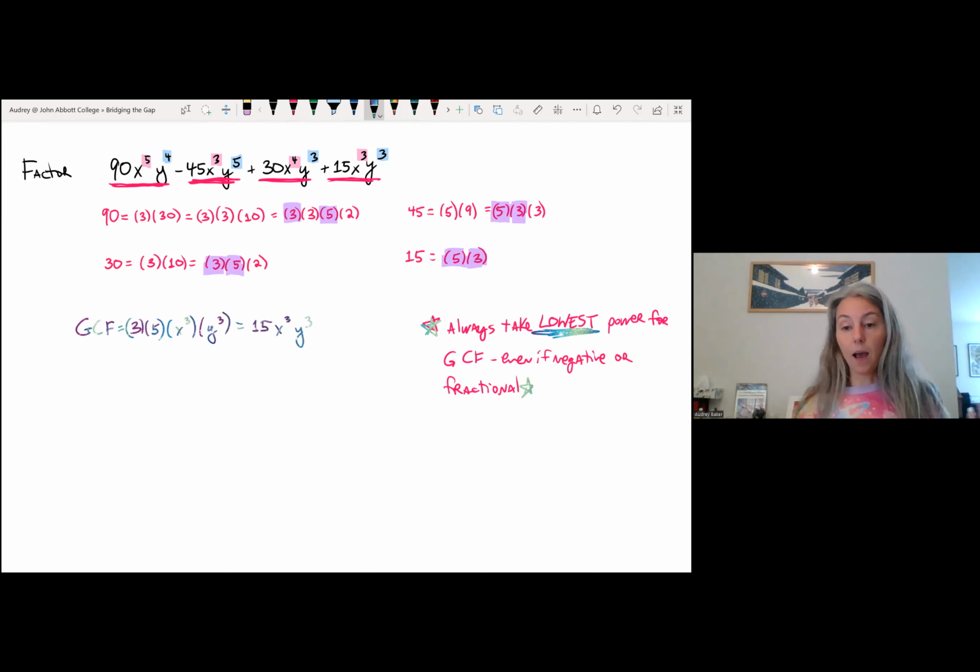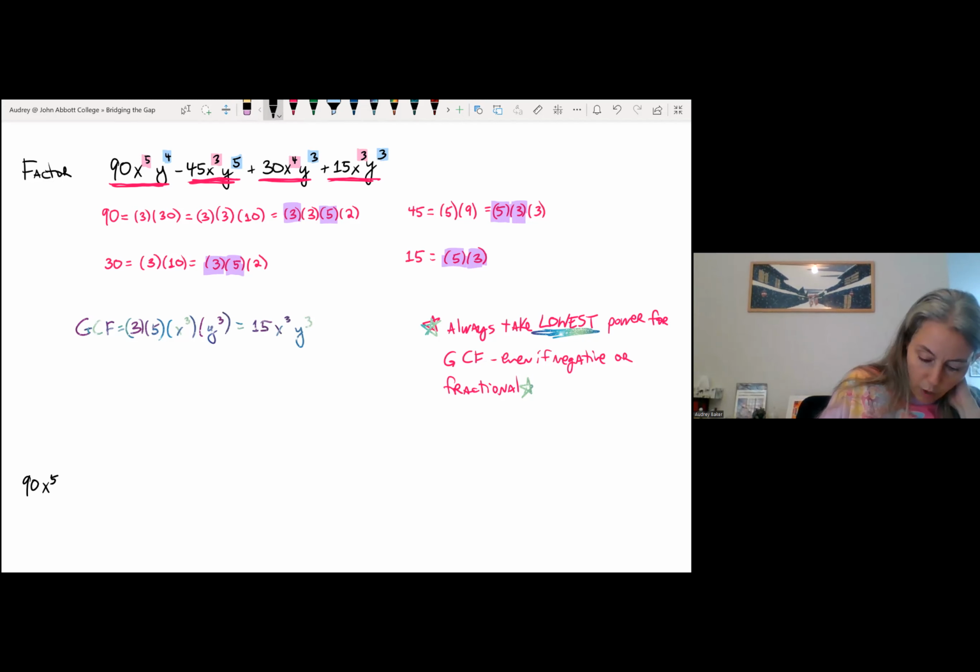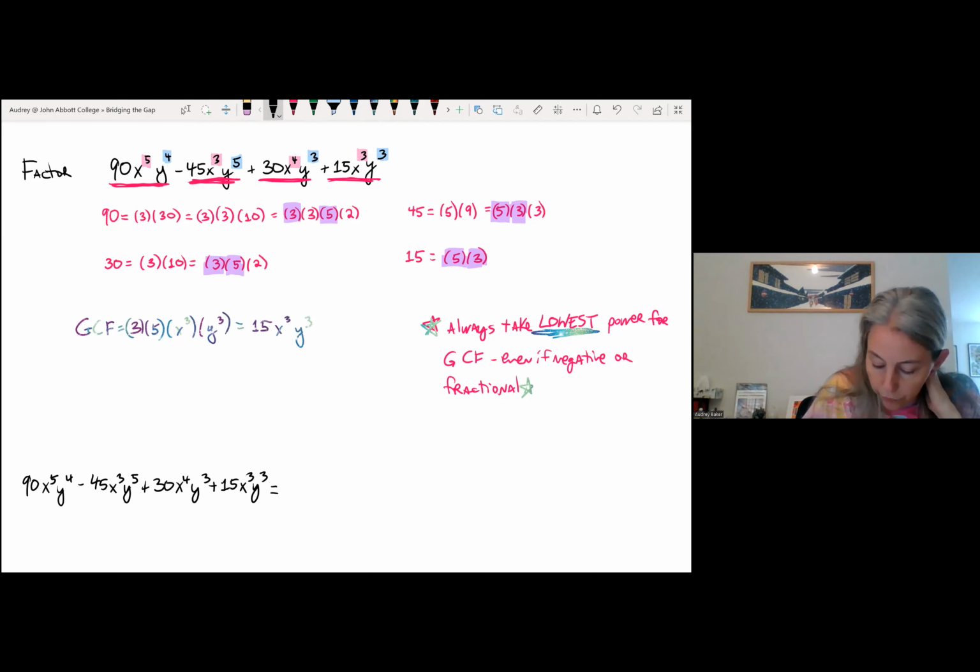Now my next step is to write that out front. So we're going to rewrite this polynomial, 90x to the fifth, y to the fourth, minus 45x cubed, y to the fifth, plus 30x to the fourth, y cubed, plus 15x cubed, y cubed, equals 15x cubed, y cubed.